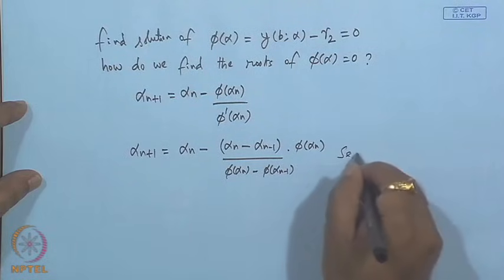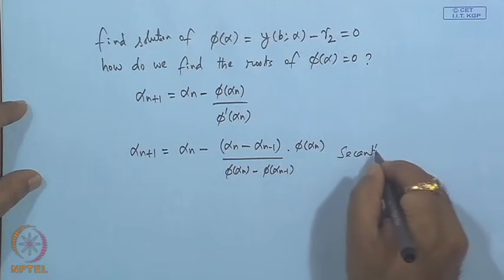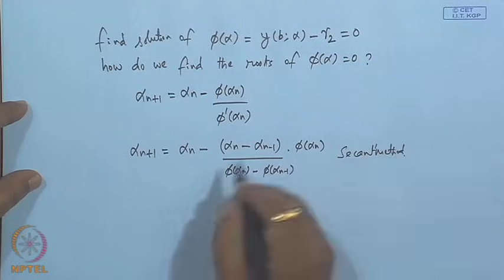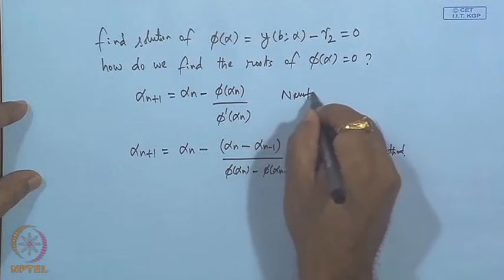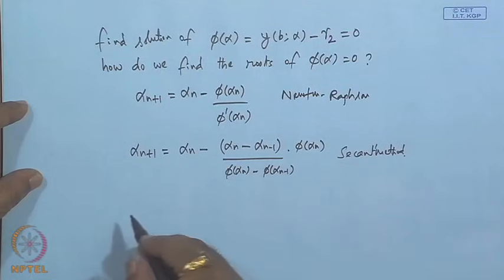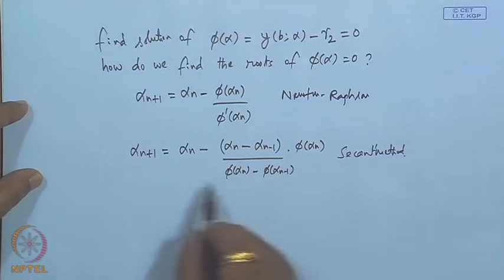So, this is the secant method and this is the Newton-Raphson method.